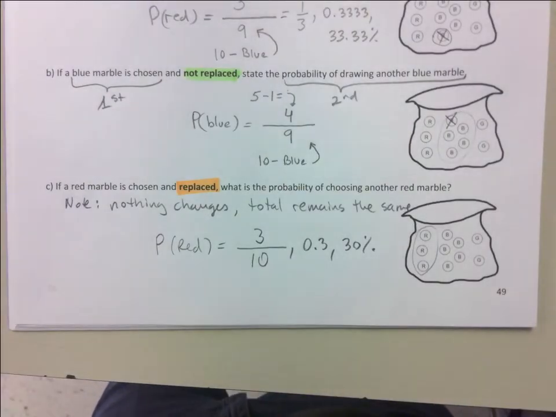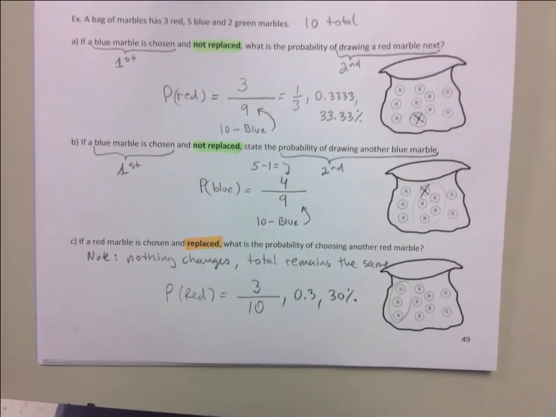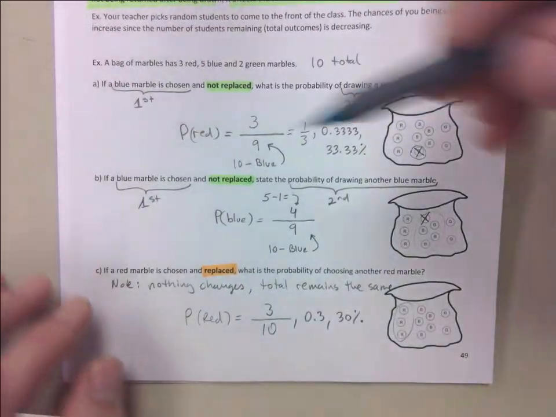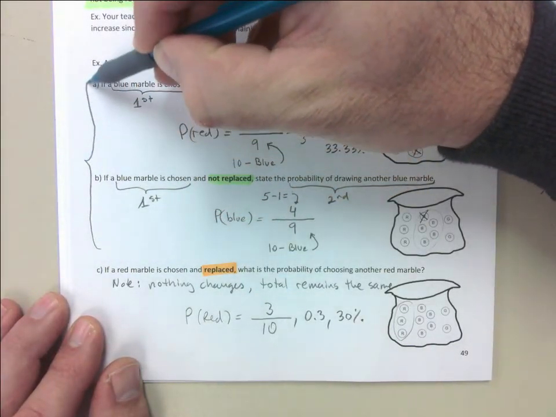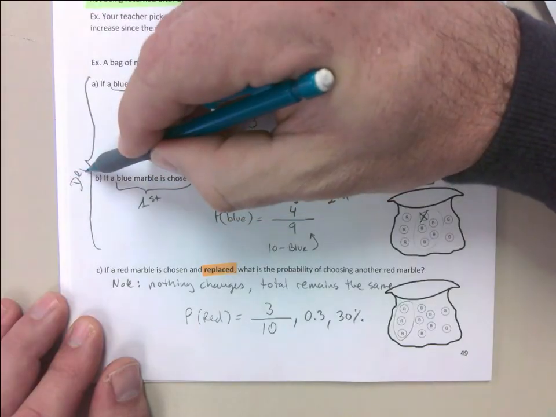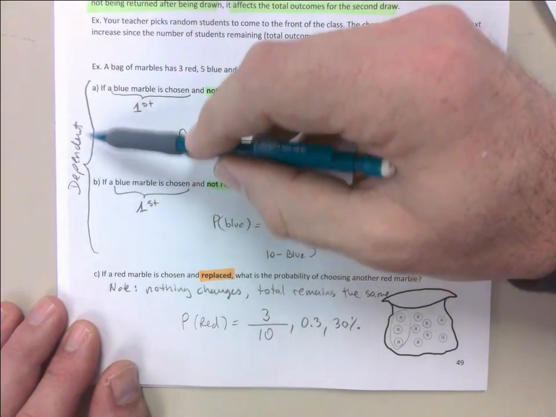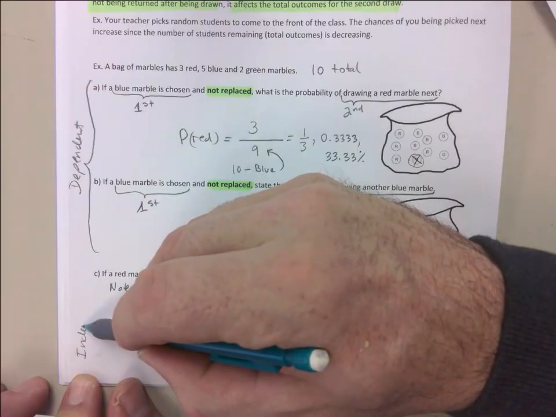So off to the side of this paper and these 3 examples, I'm going to say on the side here that these are dependent. So I'm writing on the margin here, dependent, and this last one is independent events.